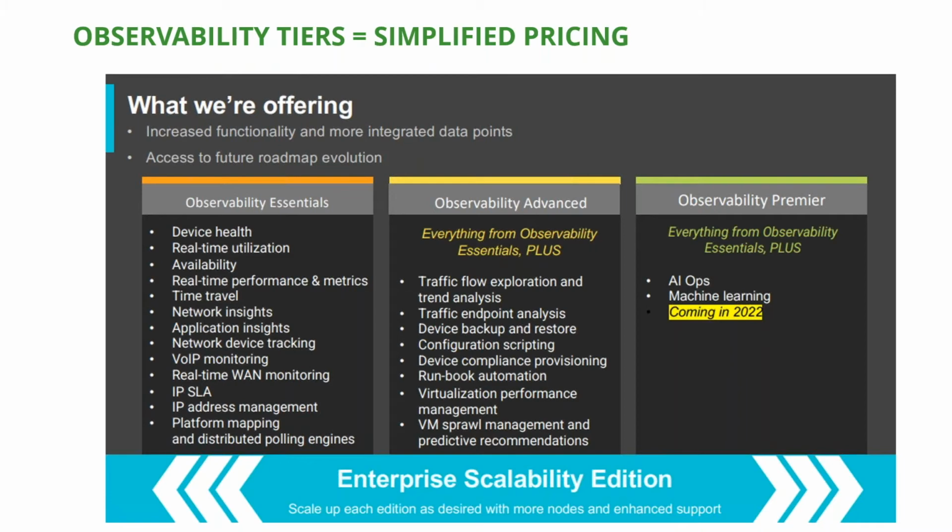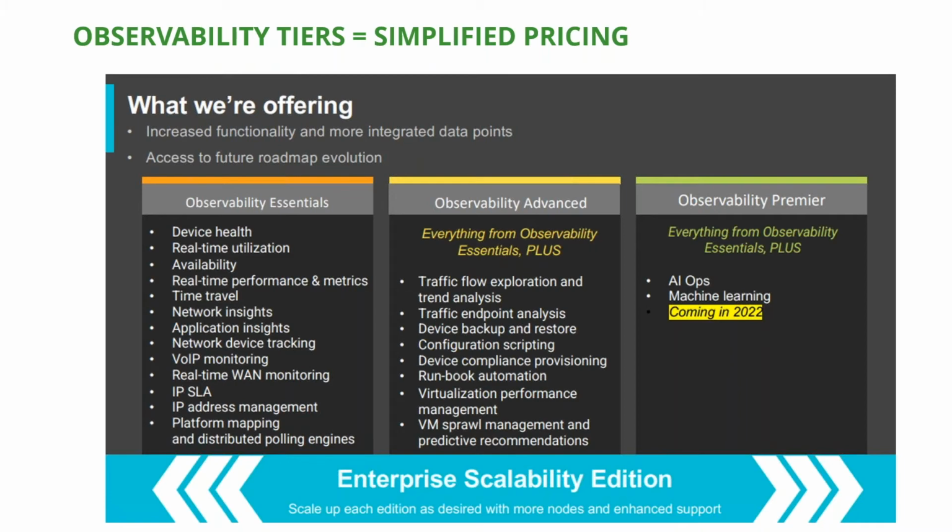The next tier is the SolarWinds Observability Advanced. With the SolarWinds Observability Advanced, it's inclusive of everything in the Essentials suite functionality, plus the additional capabilities within the Advanced, such as traffic flow intelligence, endpoint and virtualization management, configuration management, and robust trend analysis for more comprehensive and correlated service delivery insights.